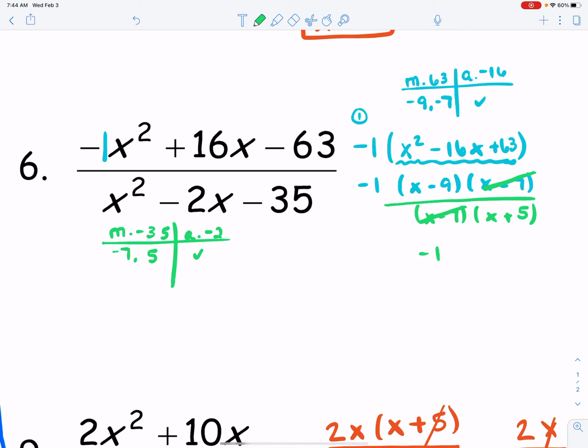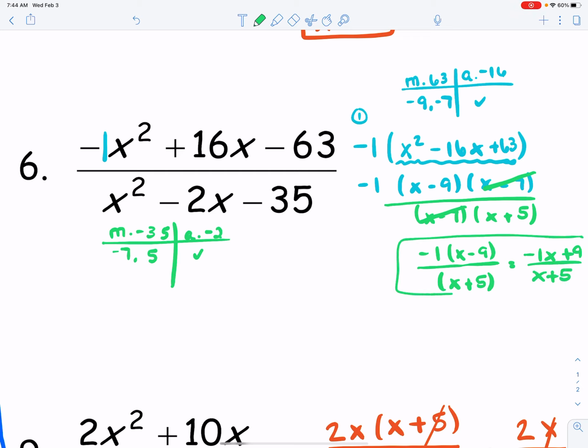So I have -1 times x minus 9 in the numerator, and x plus 5 in the denominator. You can leave it like that, or you can distribute the -1 back out and say you have -1x plus 9 over x plus 5. Either of those are acceptable simplified answers.